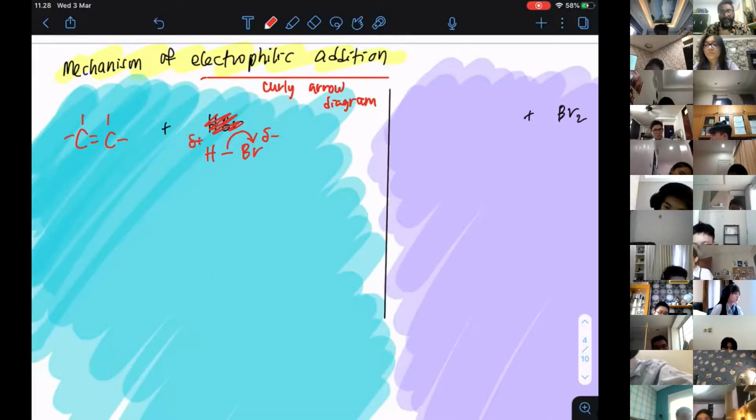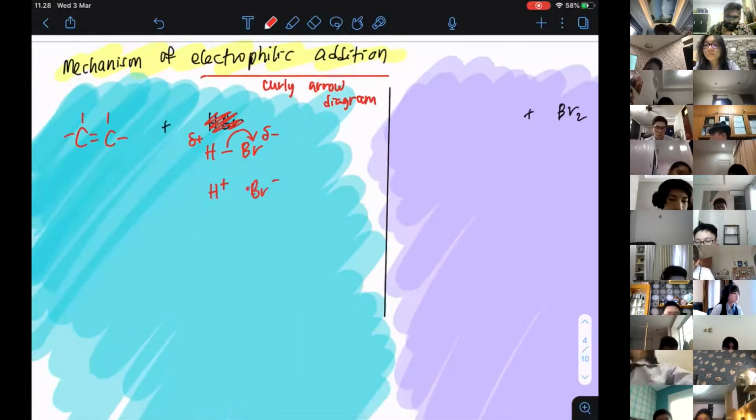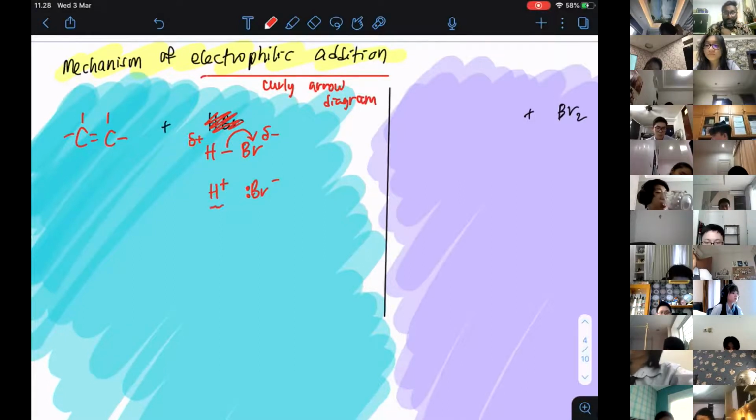What is going to happen next is heterolytic fission. You will get H+ and Br- with a lone pair. Next is electrophilic addition. H+ is the electrophile, and it is attracted towards the double bond.